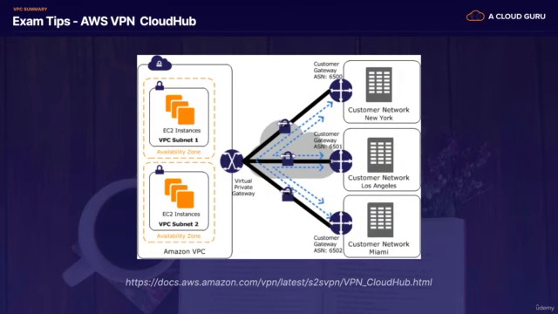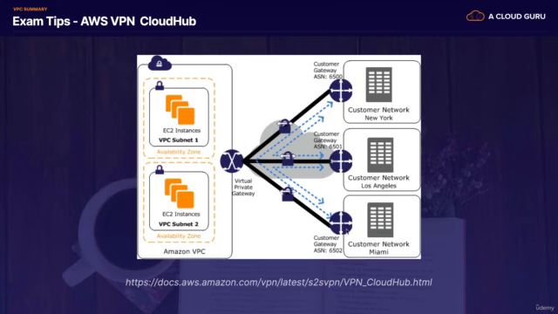We then had AWS VPN CloudHub. This is again a way of just simplifying your VPN connections. So you basically put in VPN CloudHub here, and essentially it will allow your customers in New York to talk from site to site. So they'll be able to talk from New York to your VPC over a VPN connection, but then they'll also be able to speak to the network in Miami over another VPN connection.